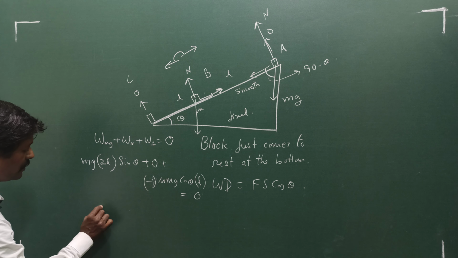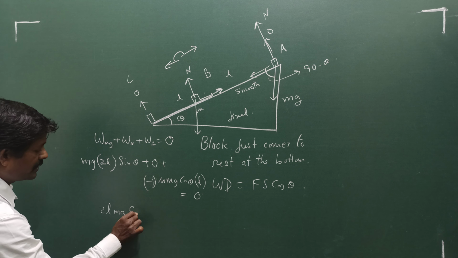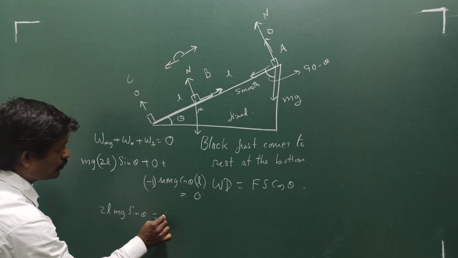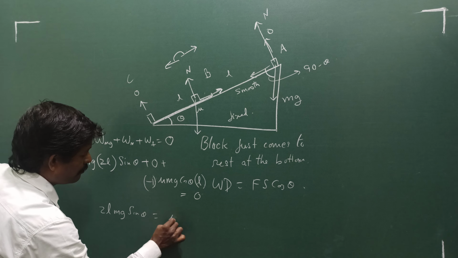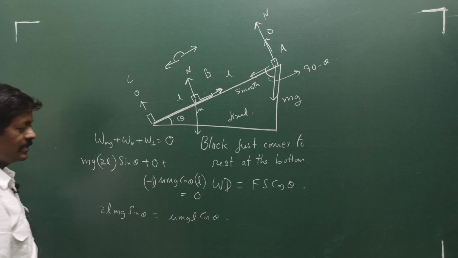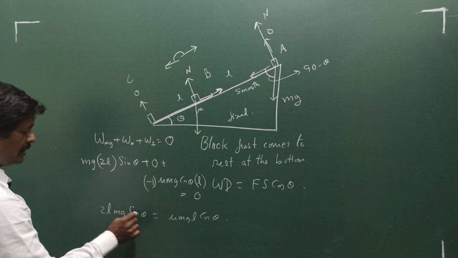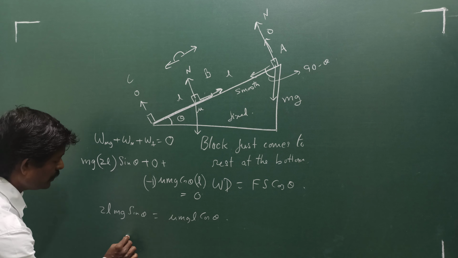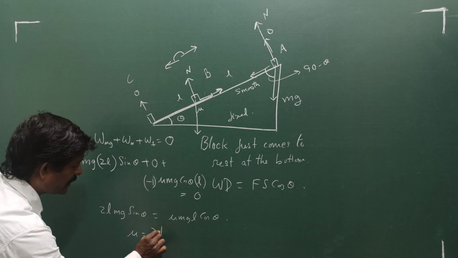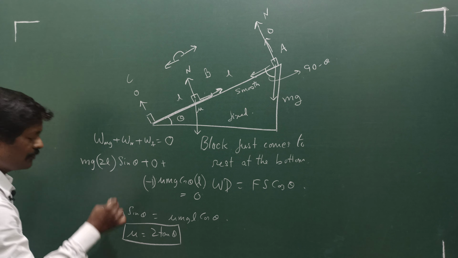So I can write 2L mg sin theta equal to mu mgL cos theta. You can check there. I can bring this term to this side, so mgL gets cancelled. Mu equal to 2 tan theta. So we got the answer for the coefficient of friction.